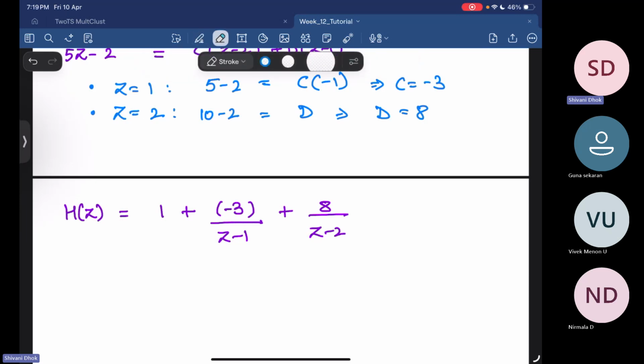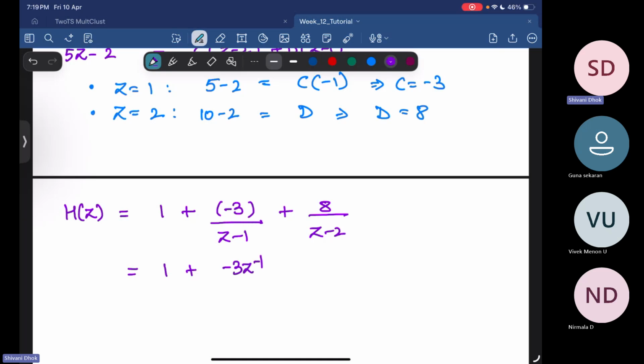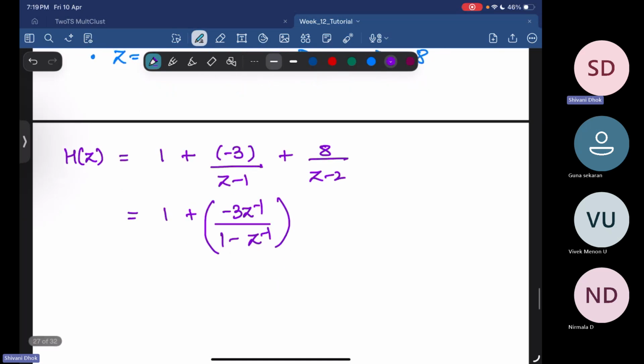Okay. So this I can write as 1 plus, I can multiply and divide by z inverse, or rather I can divide by z in the numerator and denominator. That will give me minus 3z inverse divided by 1 minus z inverse, plus 8z inverse upon 1 minus 2z inverse.